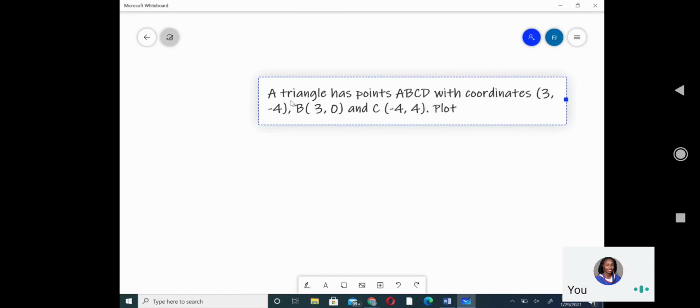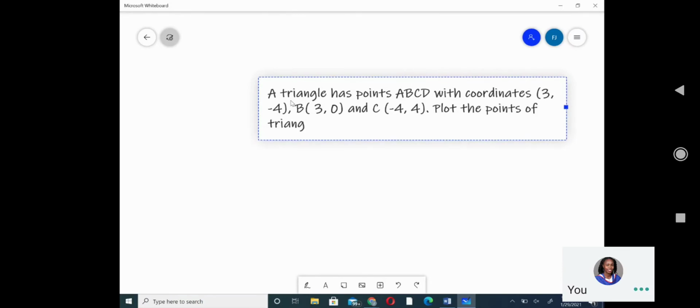Plot the points of the triangle. A triangle has how many points, guys? A, B, C. So it shouldn't be triangle A, B, C, D, but it should be triangle A, B, C. All right, so this is our question, right?